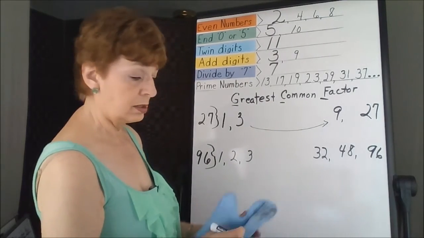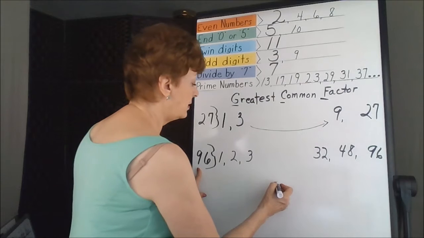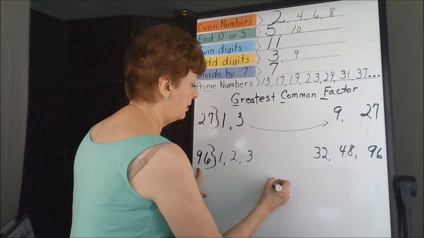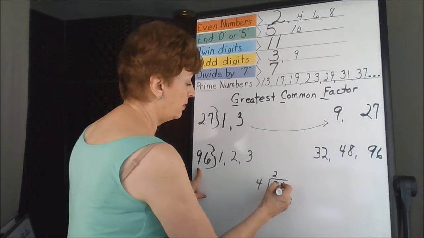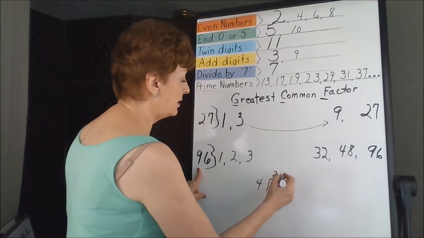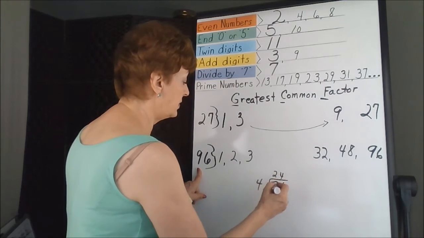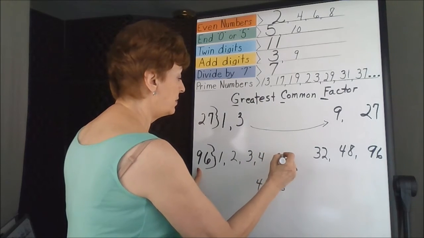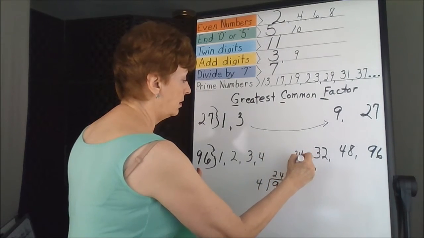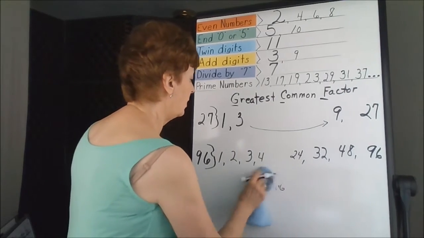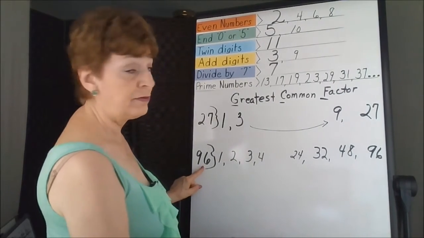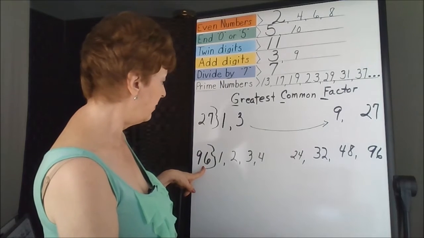4 might work into 96. Let's try. 4 goes into 9 twice, with 1 remaining. 4 goes into 16 4 times. So 4 times 24. Those are factors. 5 won't work because 96 doesn't end in a 5 or a 0.